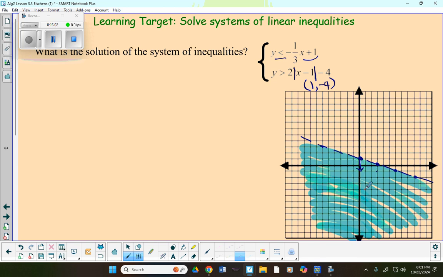And the slope is 2 over 1. And that is dotted also because it is not equal to. And it says y is greater, which goes this way. So your overlapping will happen right through here. And that is your solution.